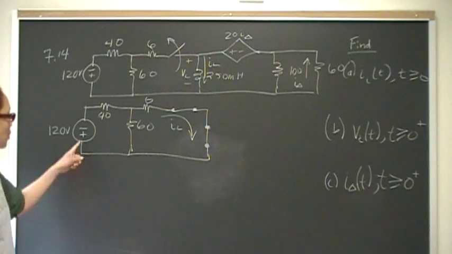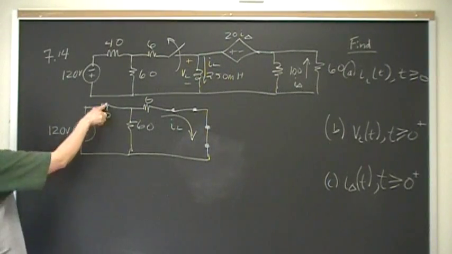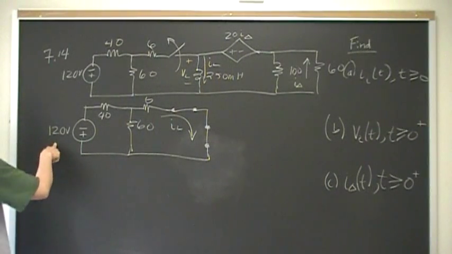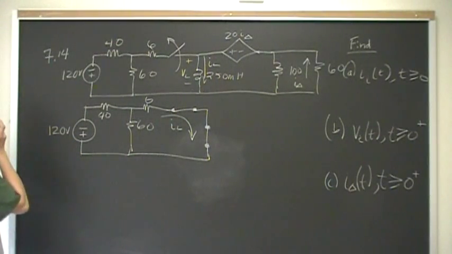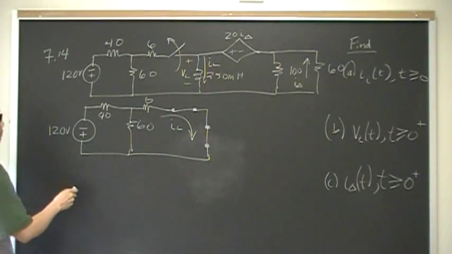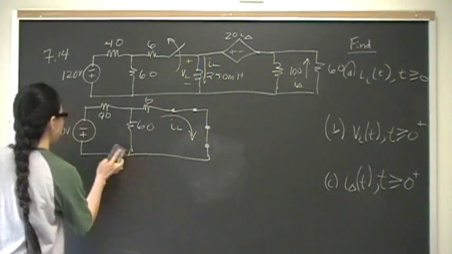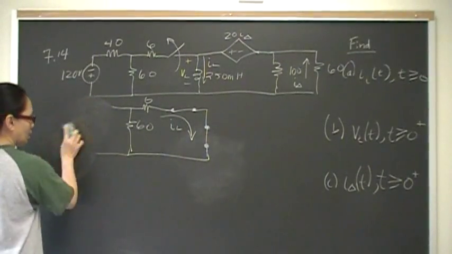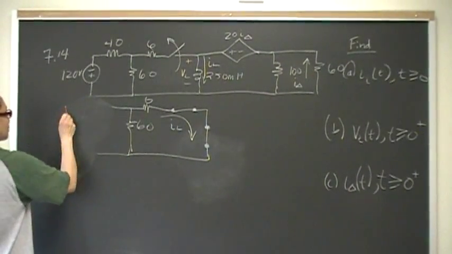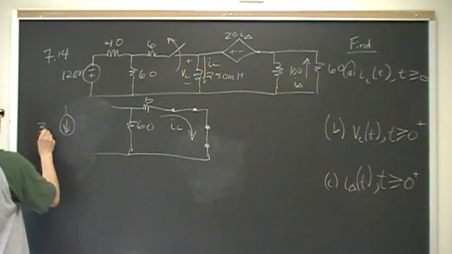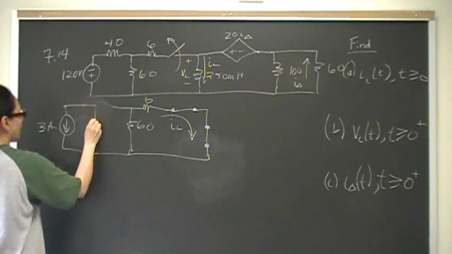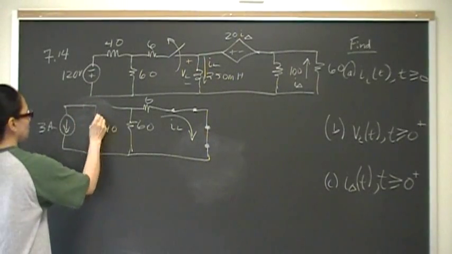In order to do that, we're going to source transform this right here to find its current equivalent. So 120 in series with 40 is going to be 3 amps. So I'm going to replace this with 3 amps in parallel with 40. I got 3 amps going like that, and that's going to be in parallel with 40.